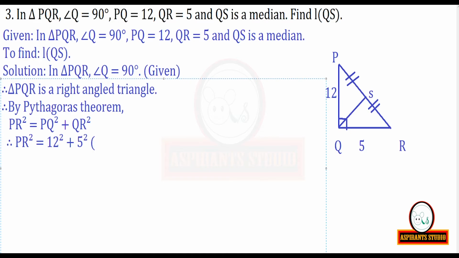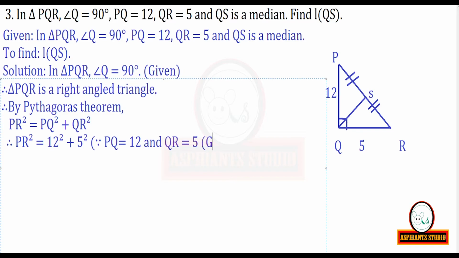That is equal to 144 plus 25. PR square is equal to 12 square plus 5 square. You have to write the reason.